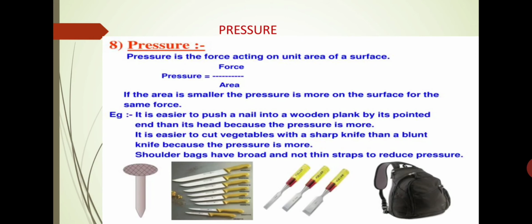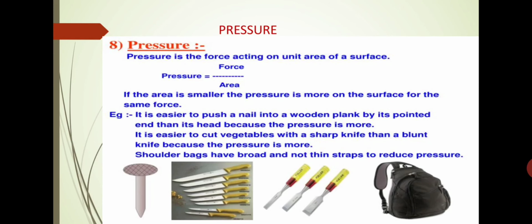Okay, so if the area is smaller, the pressure is more on the surface for the same force. We can take so many examples. Here many pictures are given. First example, it is easier to push a nail into a wooden plank by its pointed end than its head.